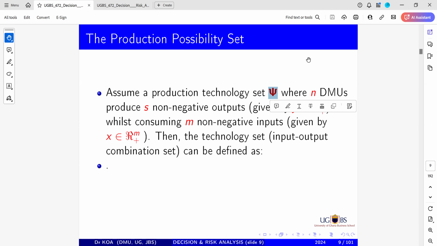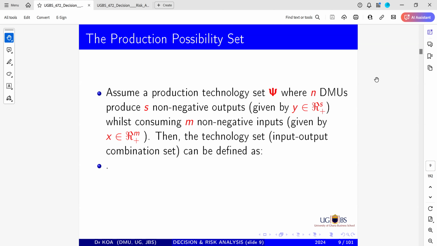And we are going to use it, of course, please remember you can use anything. You can use any letter to represent it. You can use P to represent the production possibility set. You can use T. And there are N DMUs. So the total number of DMUs is N. Each one is producing S non-negative outputs.